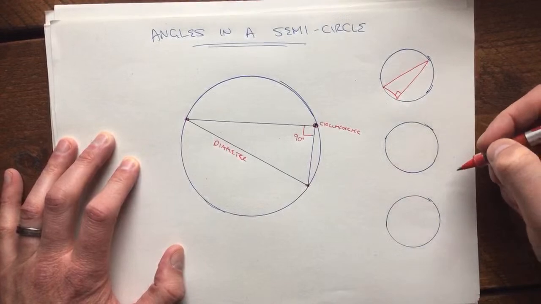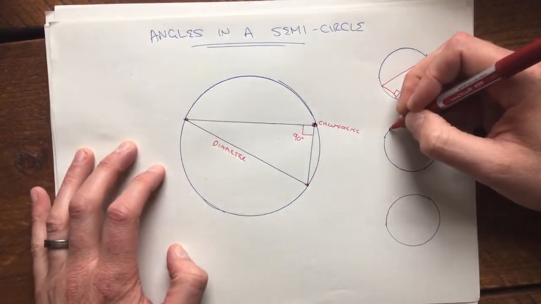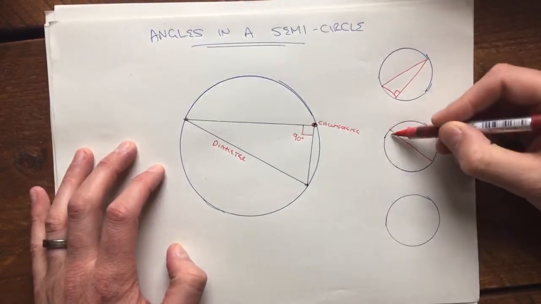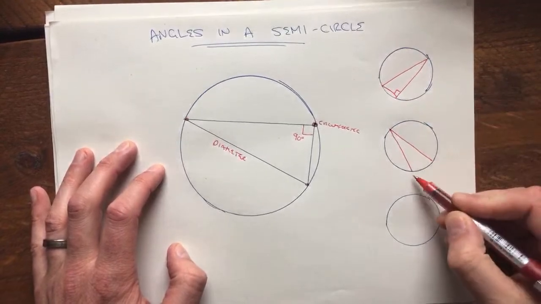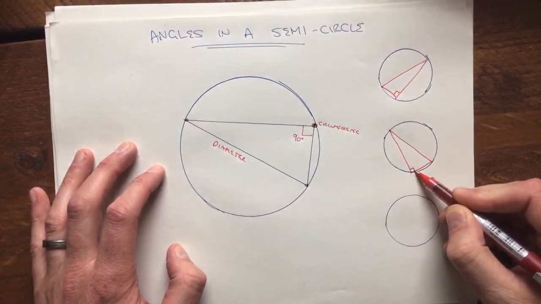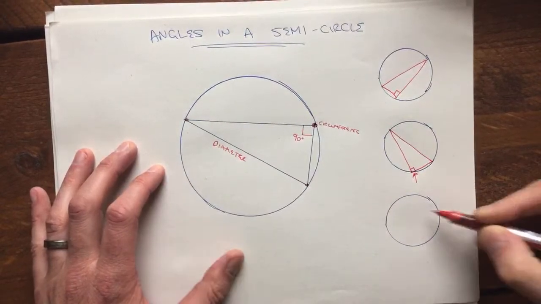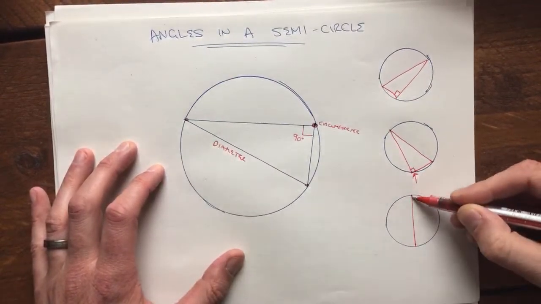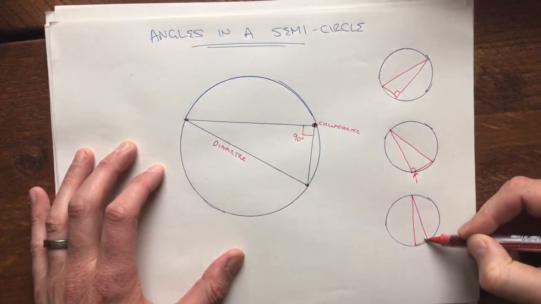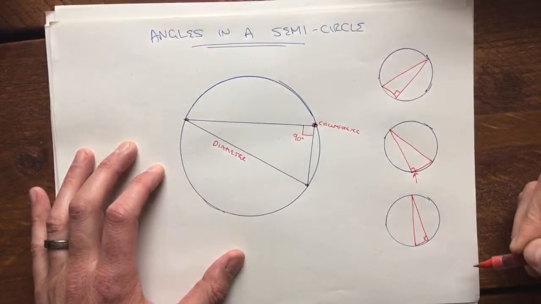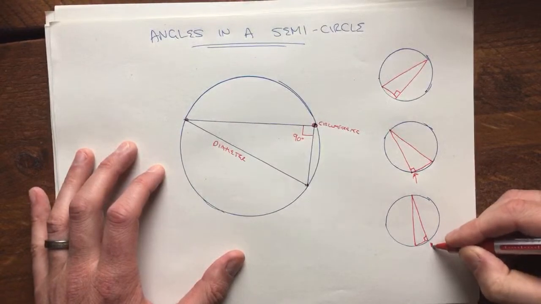It doesn't matter what diameter or whereabouts in the circle it hits, as long as it comes from the diameter out to the circumference and makes a triangle, that will be a right angle on the circumference. No matter what that triangle looks like, always a right angle.